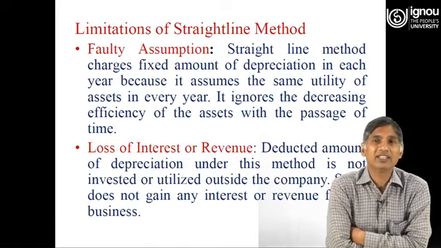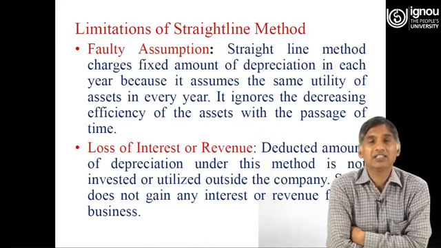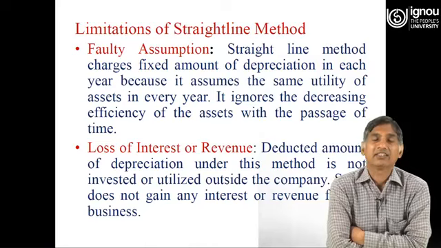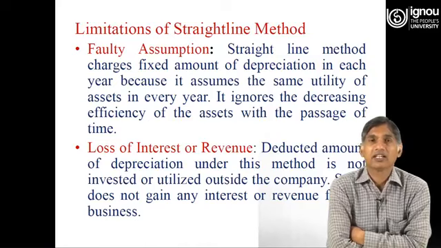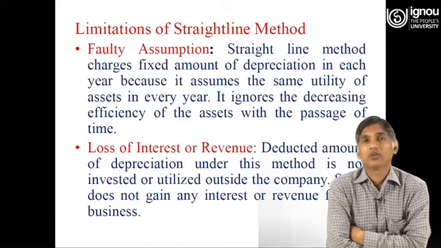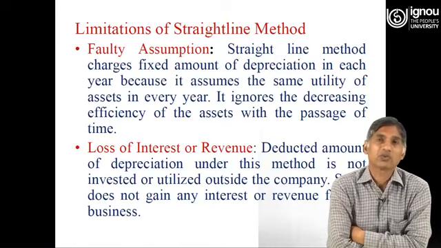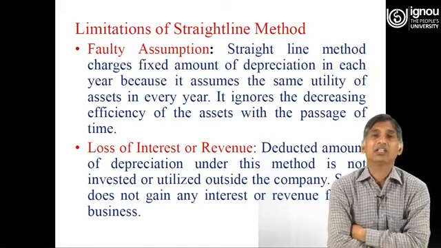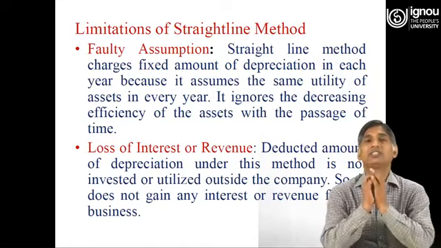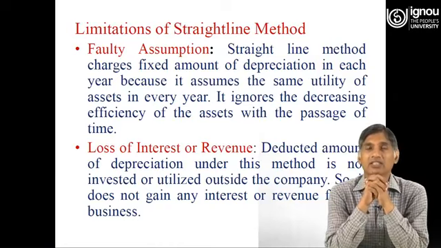It ignores the decreasing efficiency of the asset with the passage of time, because in the initial years the efficiency of the asset is more. Therefore, according to the efficiency, the amount of depreciation should vary, because in the initial years when the asset has more efficiency it will reduce less as far as depreciation is concerned.